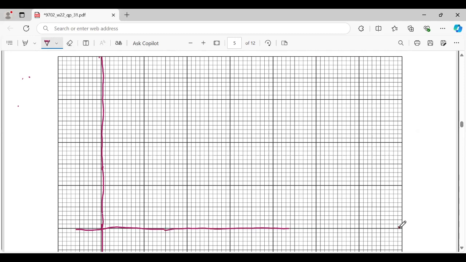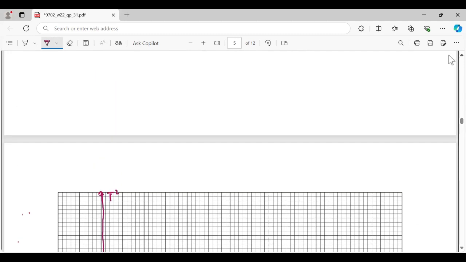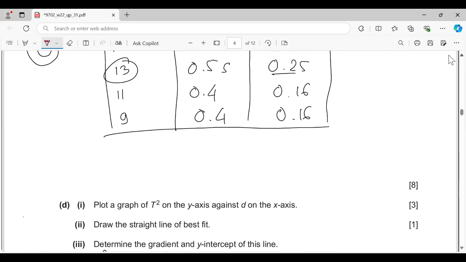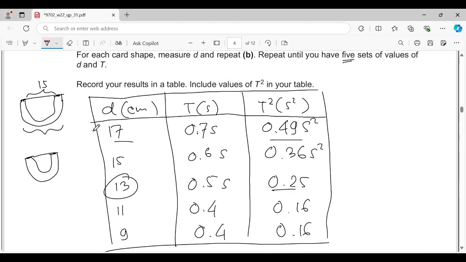Okay, this is the D axis, and this is the T squared axis. We're going to start from 0. 0.49 and 17. 17 and 0.49.